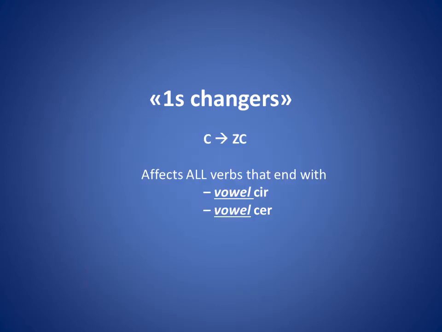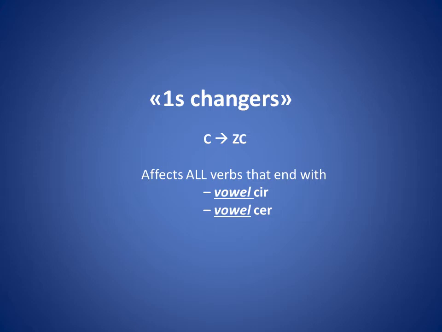Okay, so this particular irregularity is rather friendly as irregularities go. You can tell by the spelling of a verb that it's going to happen. All verbs that end with CIR or CER, where that C is preceded by a vowel, are going to be affected by this irregularity.